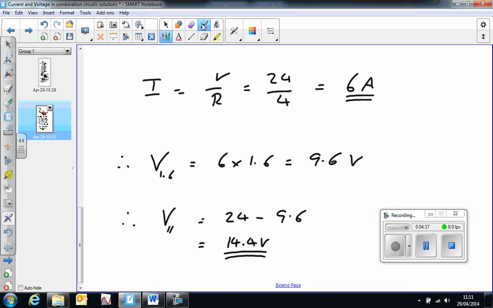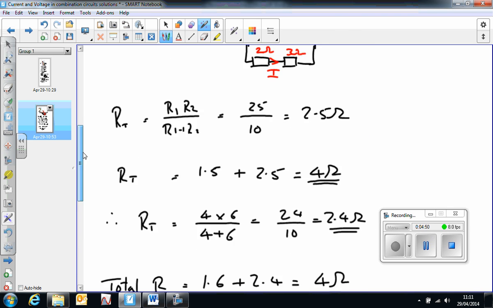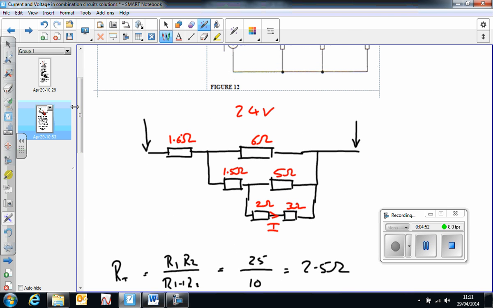Okay, so I've worked out the current. I is the total voltage, which is 24 volts, divided by the total resistance, which is 4 ohms. So that gives us 6 amps flowing in the circuit. If 6 amps is flowing in the circuit, looking back at the circuit here, then I can find out what the voltage is across the 1.6 ohm resistor, and hence what's left.